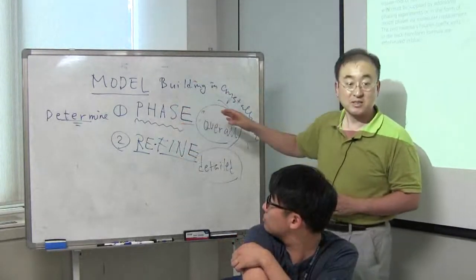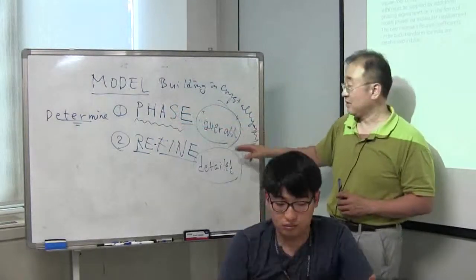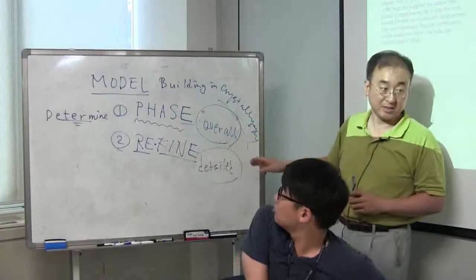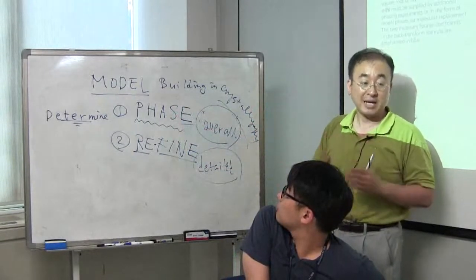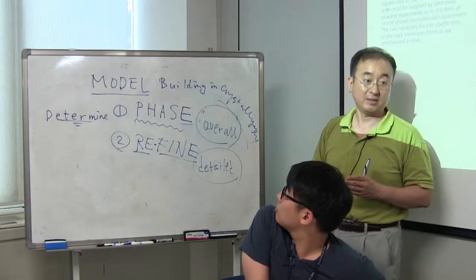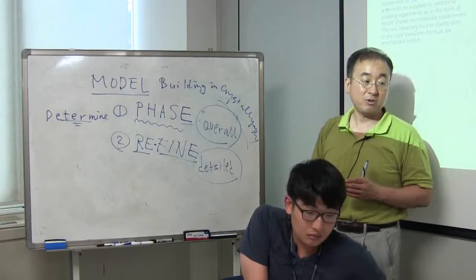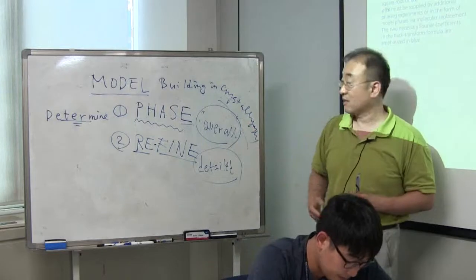You should connect this main word. Phase for overall structure, refine for detailed structure. So two-step. Then I will explain why two-step process is good for us from the perspective of signal processing or signal delivery. Okay?